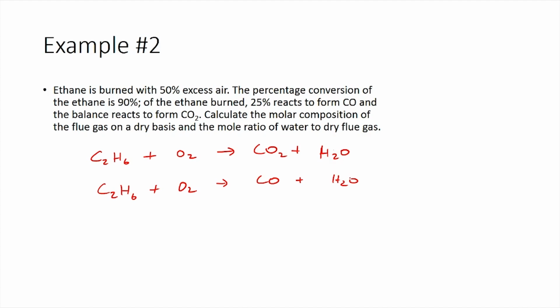Now, let us balance these two equations. We have 2 atoms of carbon, so this becomes 2, and to balance hydrogen we add a 3 here. Finally, to balance oxygen it would be 7/2, and similarly 2, 3 and you have 5/2. So, these are the two balanced equations for the partial and complete combustion reactions.